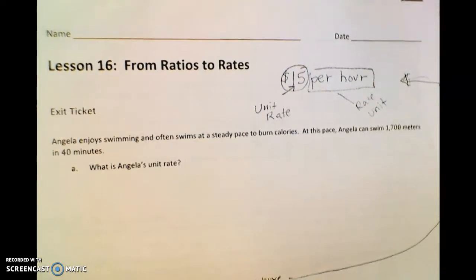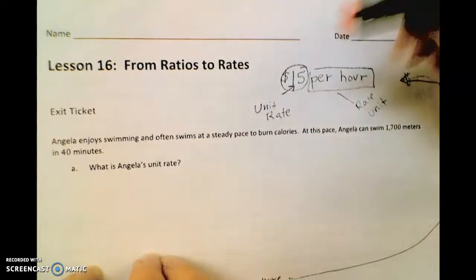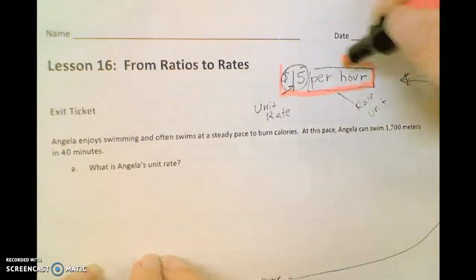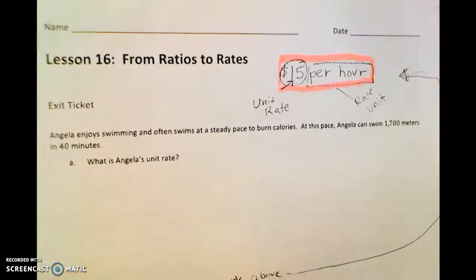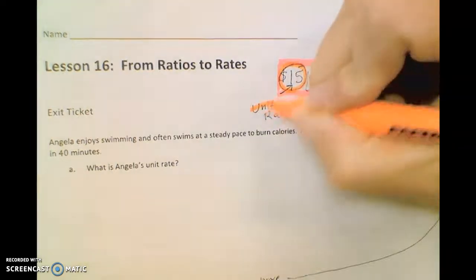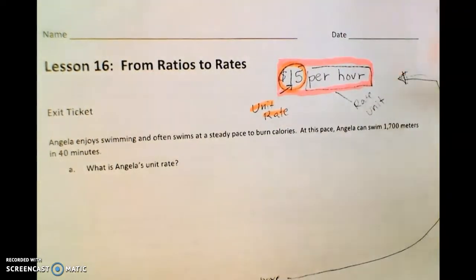So just to recall from the lesson today, when we have something written like this, $15 per hour, that whole thing is called the rate. And it's a specific type of ratio. Then within the rate, there are two parts. There is the unit rate, which is simply the number that correlates with that statement.